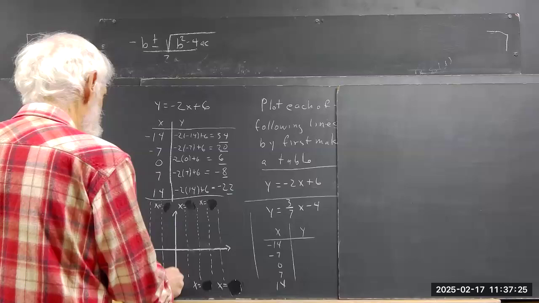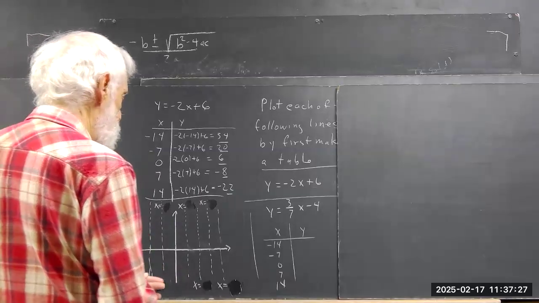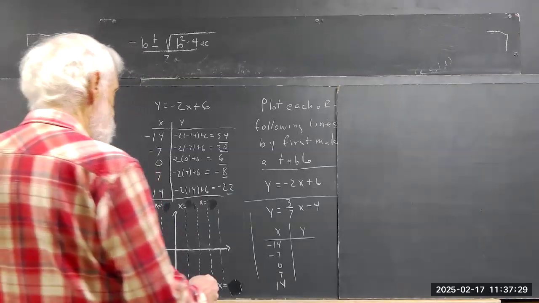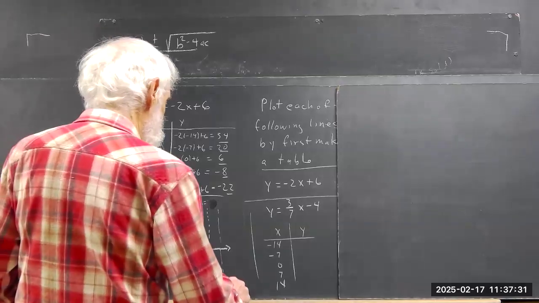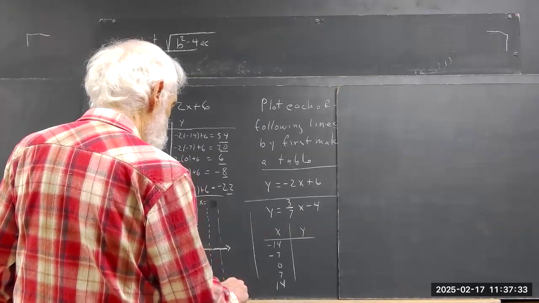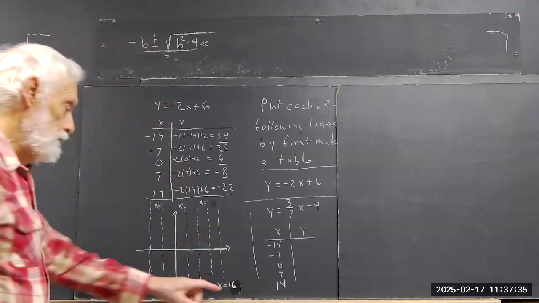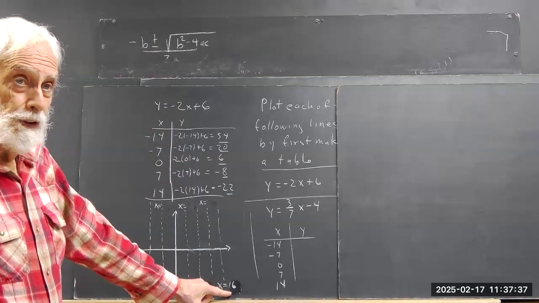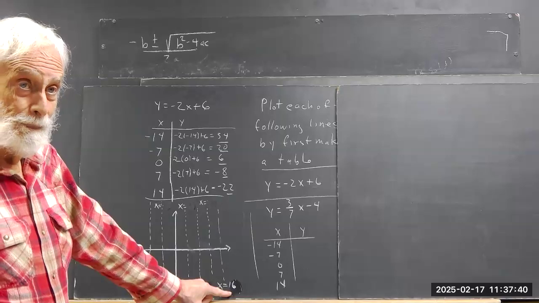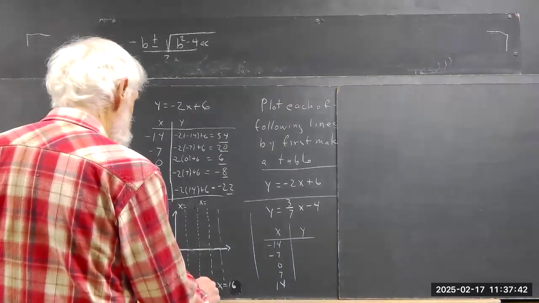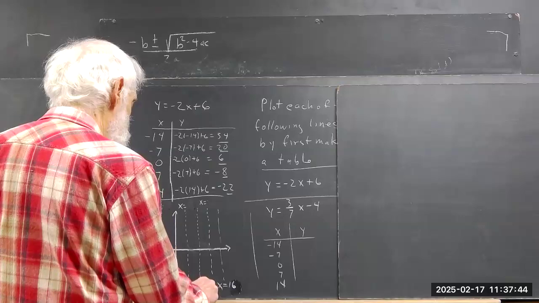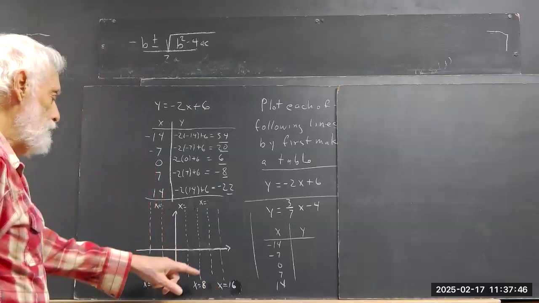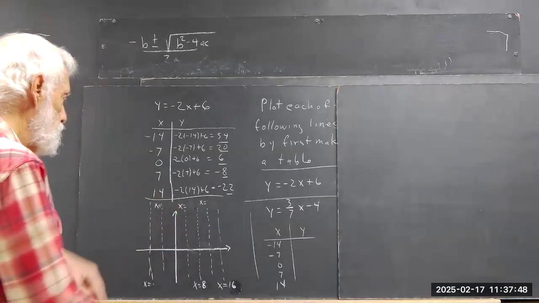You know what I'm going to use? I'm going to use 16 out here. Why am I using 16? Because it's easy to cut 16 in half. If I cut 16 in half, I get 8. And if I cut 8 in half, I get 4.